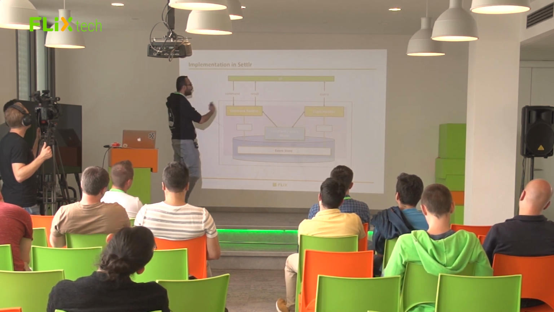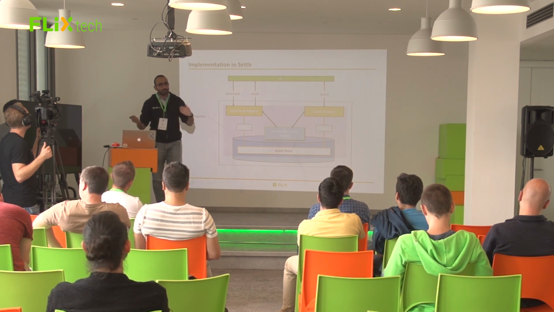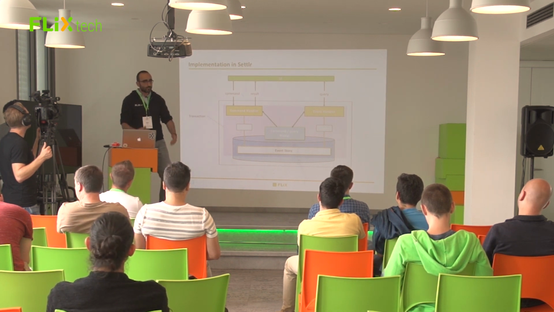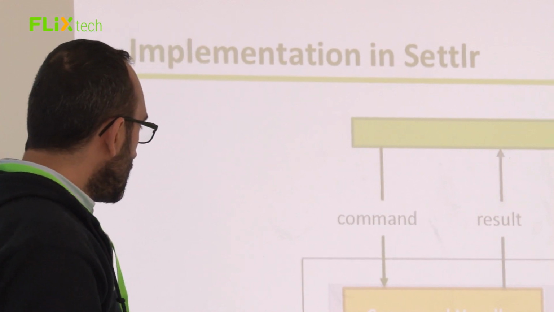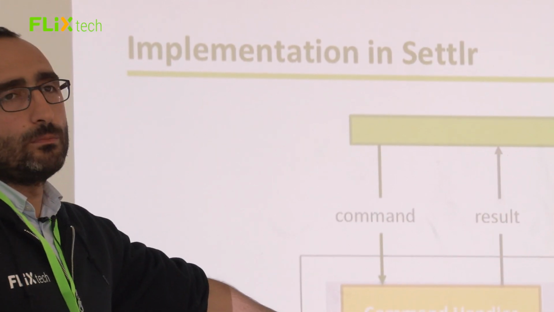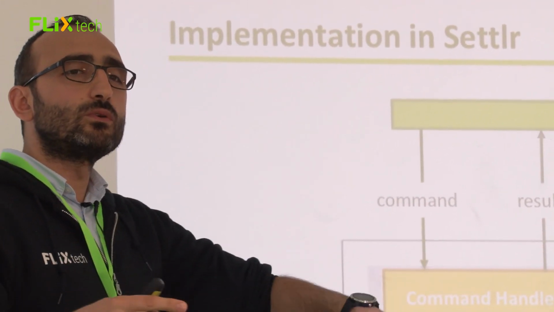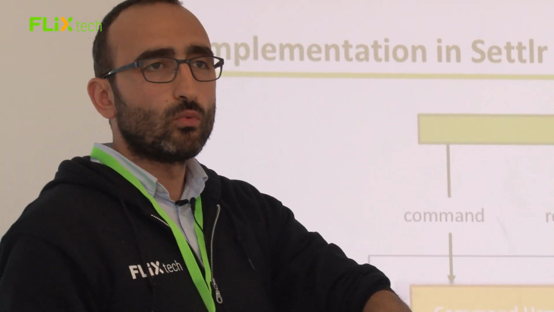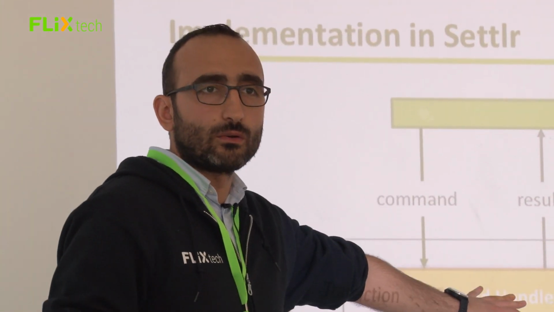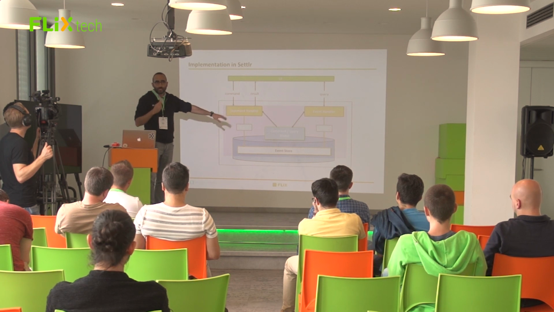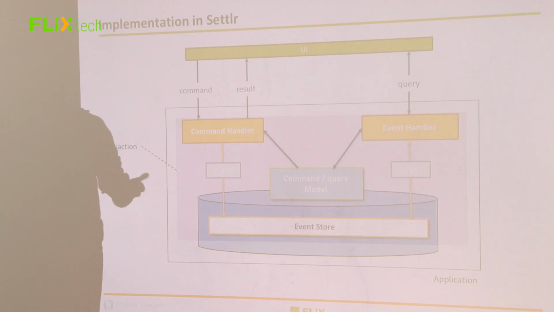Both the command handler and event handler, so the read and the write, happen in the same transaction. And our event store is stored in the same relational database where our models are stored. Well, this means nothing, because we could have stored it in any other independent store. It was just a matter of choice.